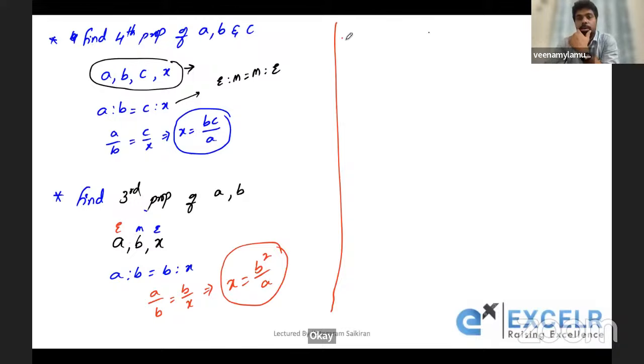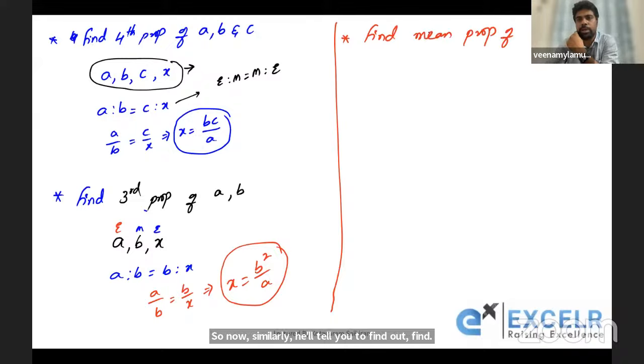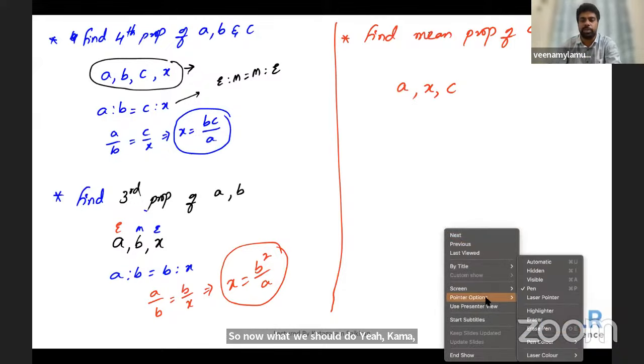Now, similarly, he'll tell you to find the mean proportion of A comma C. Find mean proportion of A comma C. So now what should we do? A comma X comma C. Mean should be in the middle, no?